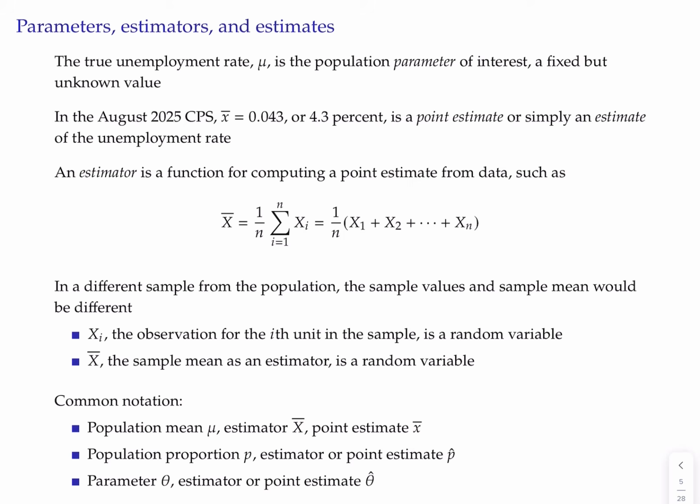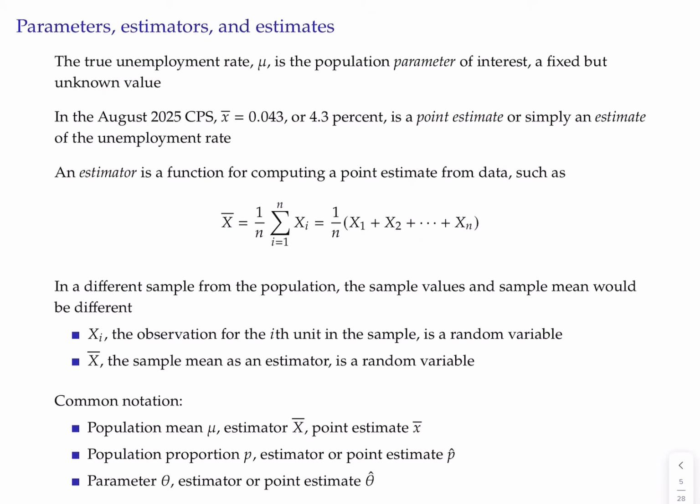So a lot of the slides here are about an idea that can be difficult to grasp, and that's the idea of an estimator. An estimator is, one way to think about it, a function for computing point estimates from data. So how did we compute the unemployment rate for August 2025 from the CPS? Everyone in the labor force is either unemployed or not unemployed, 1 or 0 for computing the unemployment rate here.